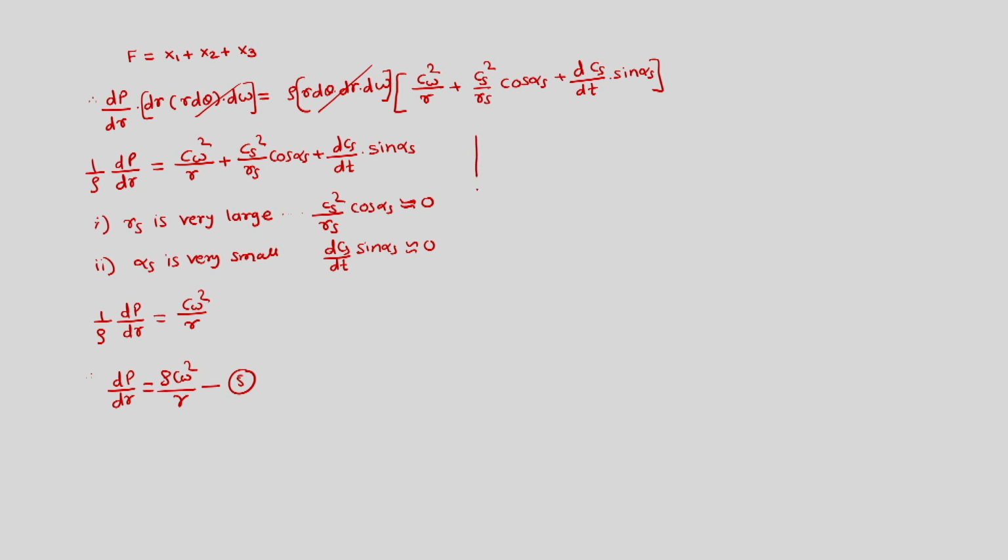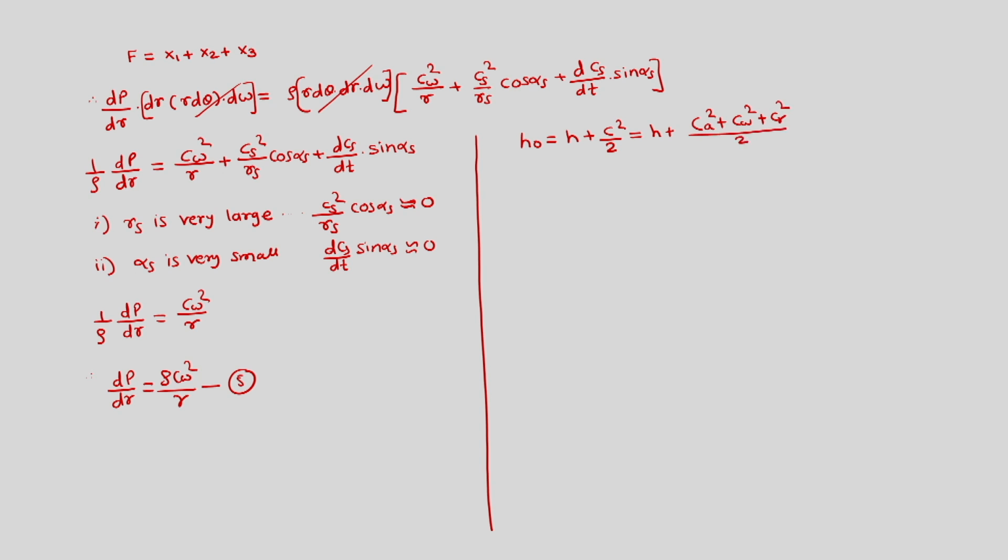Having said this, now this was from the momentum equation. Let us get another expression from thermodynamics, which states that H naught is the total enthalpy of the fluid element, and that is equal to H plus C square by 2, and this C square can be further decomposed into Ca square plus Cw square plus Cr square.